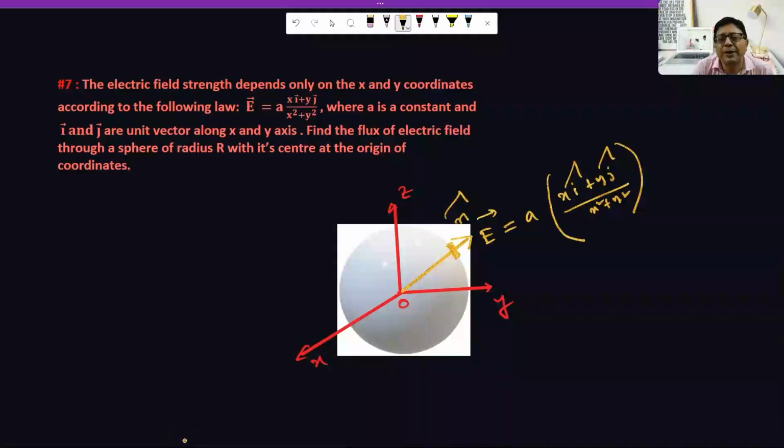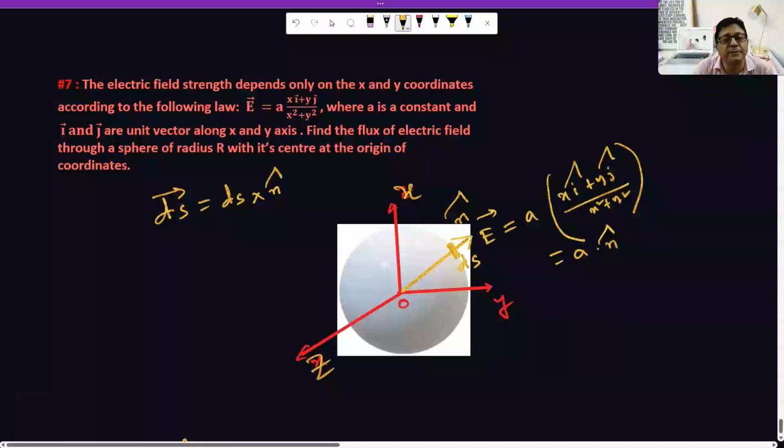So the angle between the electric field vector and the area vector: the portion ds is ds multiplied by n cap, and this is also n cap, A multiplied by n cap here. N cap is the unit normal perpendicular to this point here. This is a unit vector, no? So the unit vectors are directed this way only. The only thing I'll do here is change the x coordinate, y coordinate and z coordinate. That's fine.